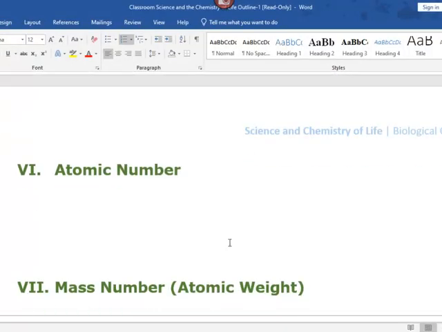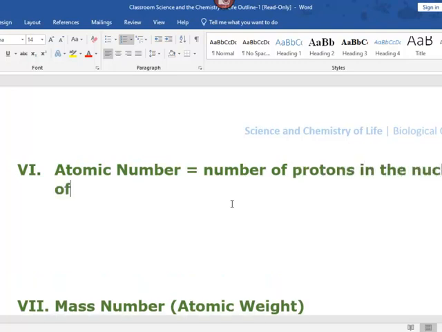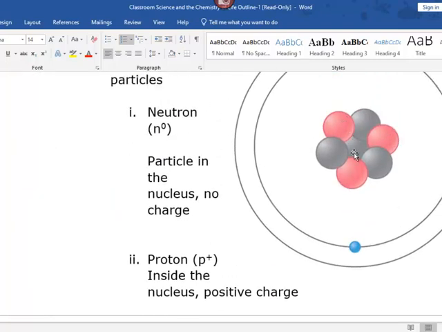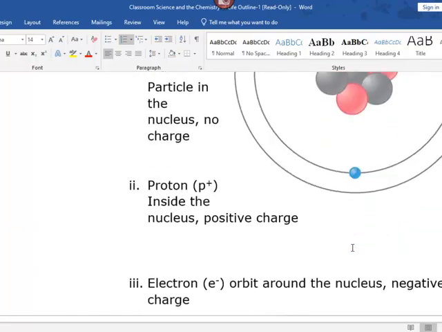Going down a little further, the atomic number. So like I said, this is basic chemistry. The atomic number is the number of protons in the nucleus of an atom. So in this case, the atomic number of this guy here is 3. It's got 3 protons.